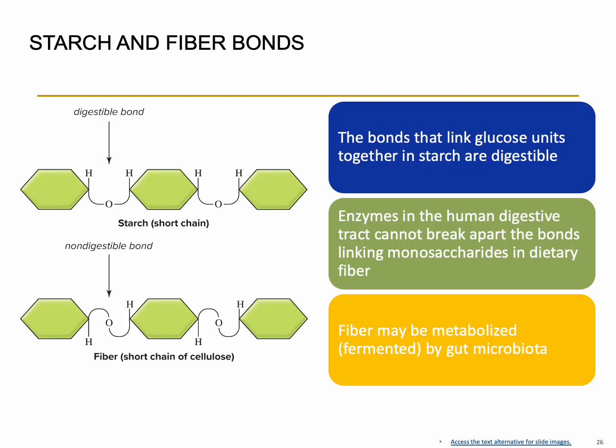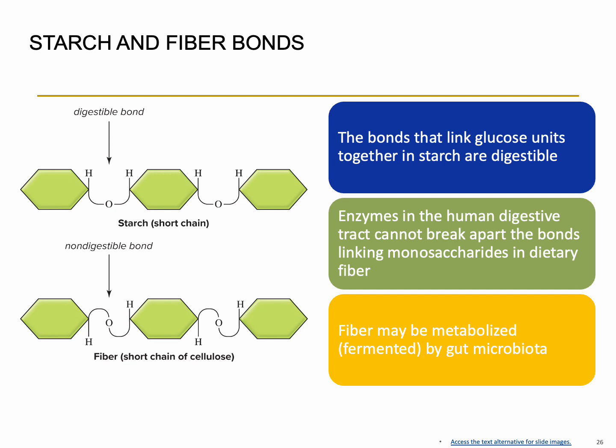Just showing a little bit of the chemical structure here. So the key word on this slide is digestible and indigestible. So on the top, the starches, you see the bond between the two carbohydrate units is something that human digestive enzymes can snip apart, and then we can break up the longer chain polysaccharides into short chain and then into just individual di and monosaccharides.